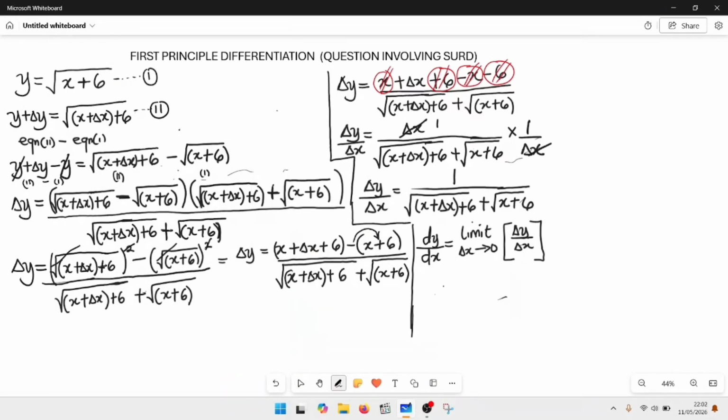So by doing our limits, we can now say our dy over dx is equal to what? Wherever we see delta x, we put 0 in the equation. And what's the equation?